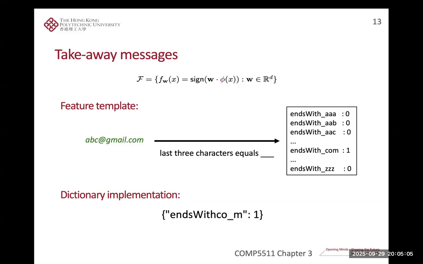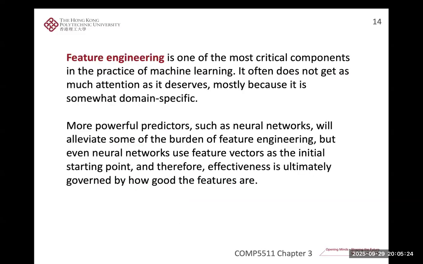Even though you use deep neural networks, you still need to present good data. Only when you feed the features that are relevant to the task can you train a good model. Feature engineering is one of the most critical components in machine learning, and usually it is domain specific. Even when you are using neural networks, you still need to give the model good features.